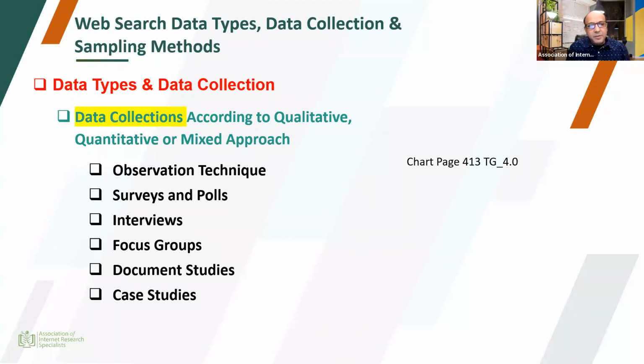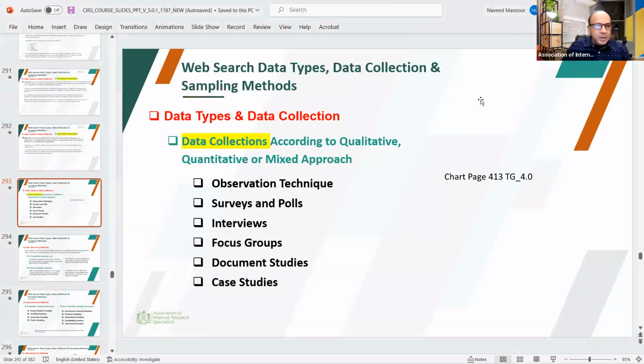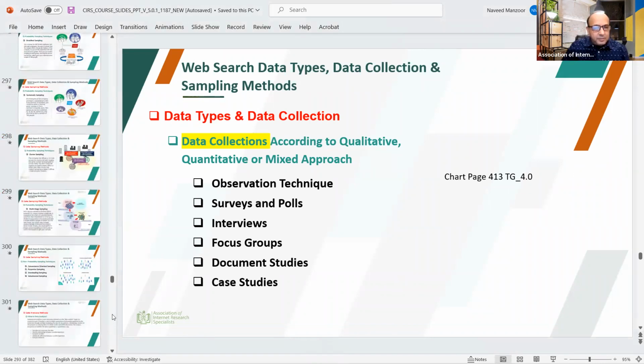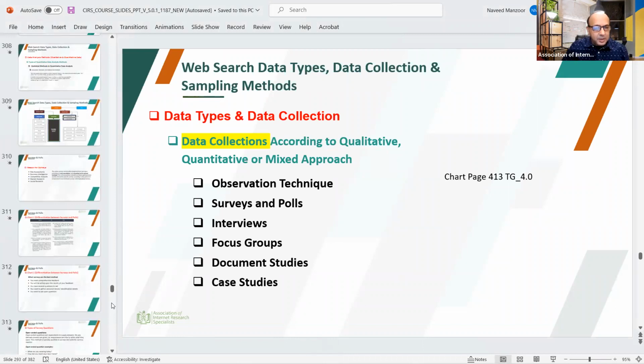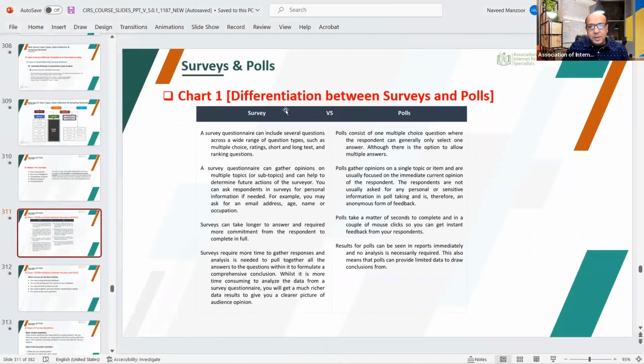So polls and surveys are different, and they should be differentiated according to the attributes of surveys versus polls. And why I say that is because it would be part of your exam, and if I have to look it up somewhere in the slides, I can tell you that that is actually shown in one of these slides.